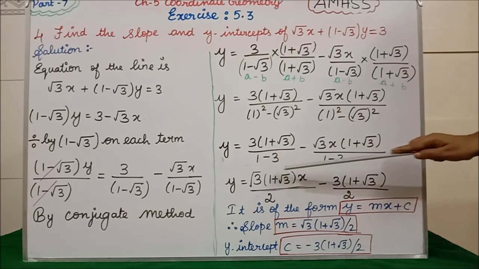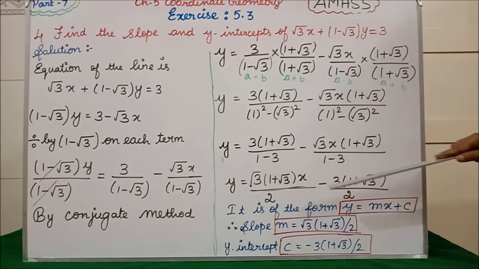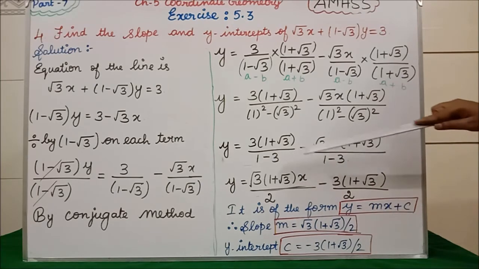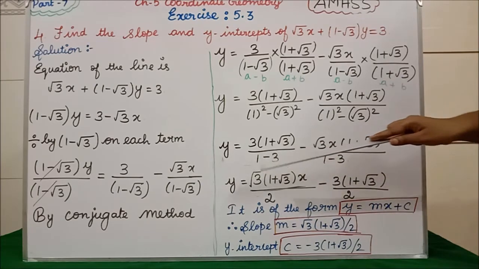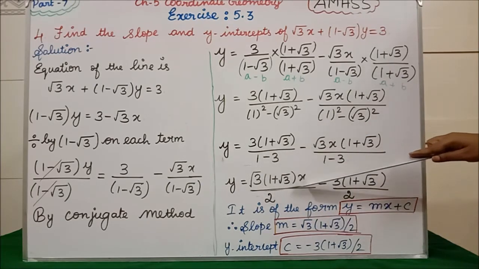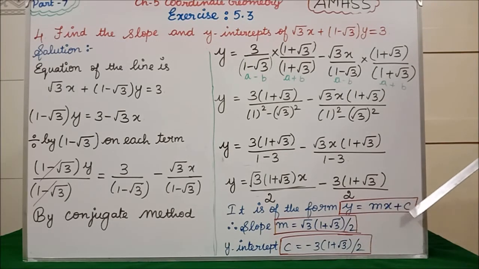Y equal to mx plus c form it looks like, isn't it? So in the place of m, leave this x alone. In the place of m, what values we are having? Root 3 into 1 plus root 3 divided by 2. Here in the place of c, what value we are having? 3 into 1 plus root 3 divided by 2.